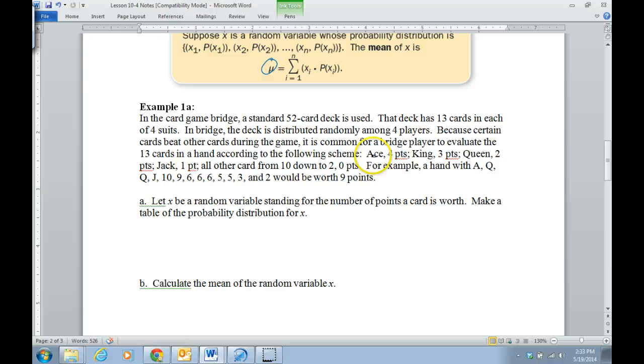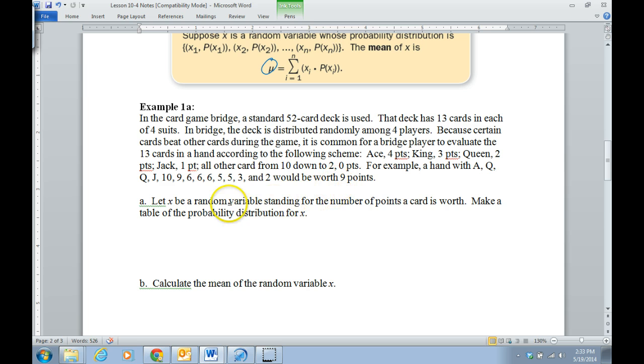An ace is worth 4 points, a king is worth 3 points, a queen is 2 points, a jack 1 point, and all other cards, 10 down to 2, are worth 0 points. For example, a hand with A, Q, jack, 10, and so on would be worth 9 points. Do you guys see why?